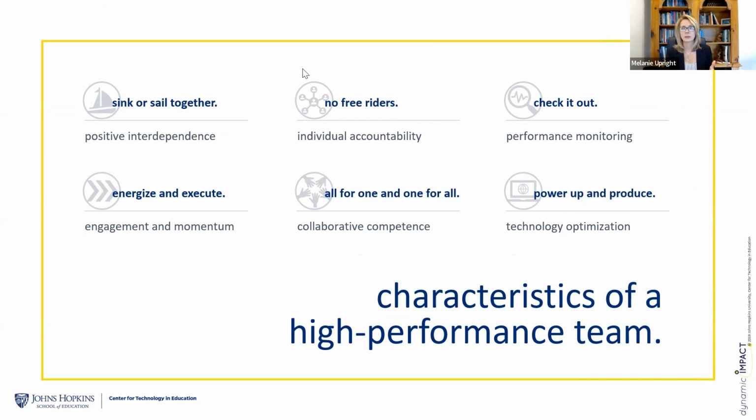Well, we know things like positive interdependence, individual accountability, teams that are performance monitoring, and not just performance monitoring as it relates to student outcome data, but certainly we're talking about implementation data. But really, this is about team and about how do we show up as members of a team? Are we committed to the process of change? Engaging with momentum, collaborative competence, technology optimization.